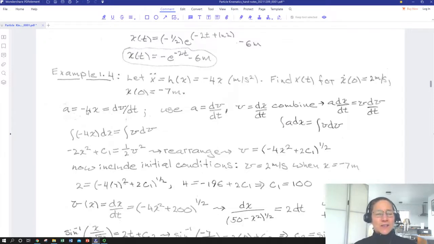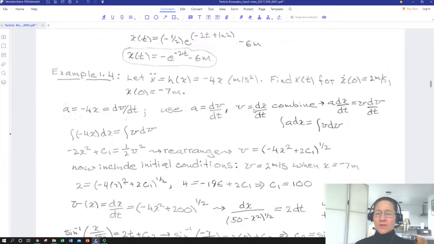Acceleration is the given function of x, which is the same as saying the first time derivative of velocity. And we know that acceleration equals dv/dt. And we know that velocity equals dx/dt, provided the direction's not changing, that we're in our rectilinear system.